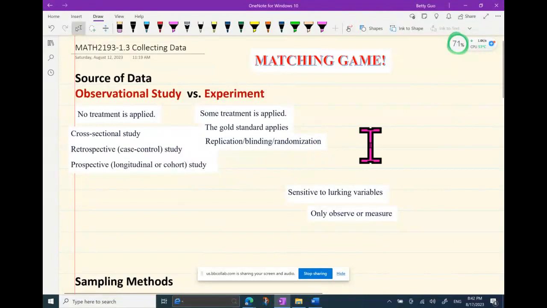So the best way to design an experiment is to apply double blinding. Double blinding means the patients, or the subjects, do not know whether they are receiving a placebo or the real medicine. Also, the provider who distributes the placebo and the medicine to those patients does not know either.